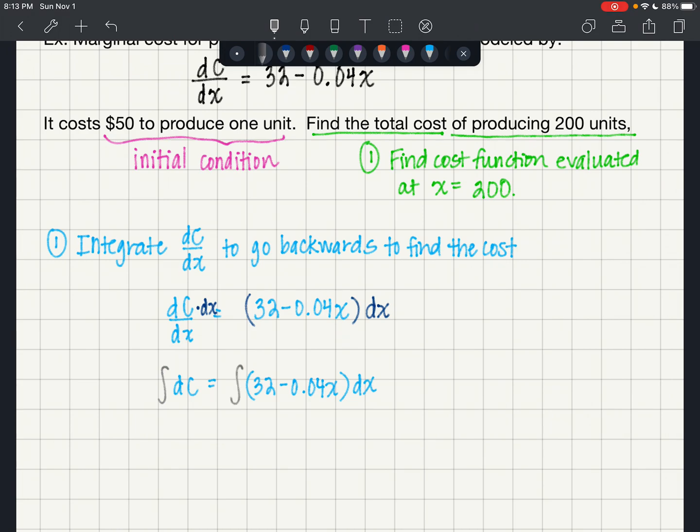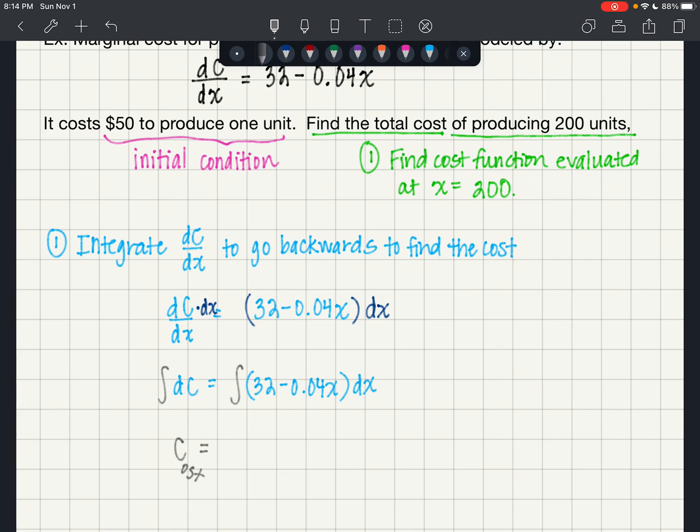This is pretty cool. Integrate both sides. Well, what's the indefinite integral of dC? The antiderivative of dC is going to be C, right? Now, this is cost, not a constant c.